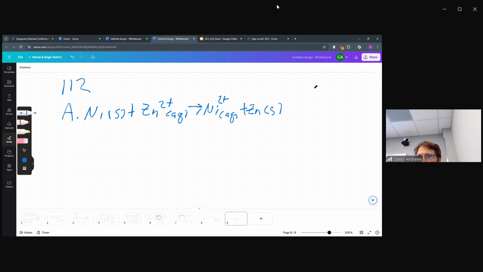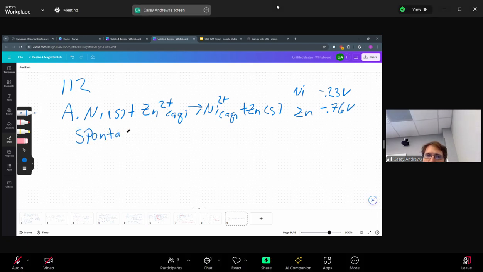And you're given a bunch of values, right? So you're given the nickel reduction potential of negative 0.23 volts. You're given the zinc reduction potential of negative 0.76. And the question is, as written, is this reaction spontaneous?